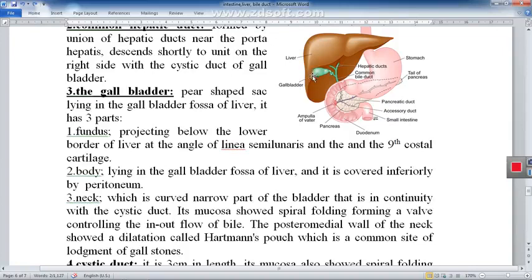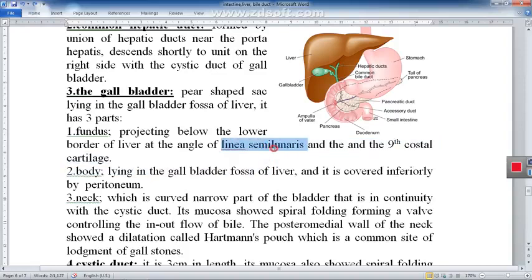First, the fundus, which is the part of the gallbladder projecting below the lower border. This fundus, as it projects below the lower border of the liver, has a very important surface anatomy. It will be at the level of the right 9th costal cartilage at the linea semilunaris.